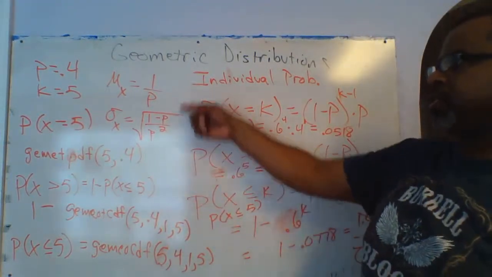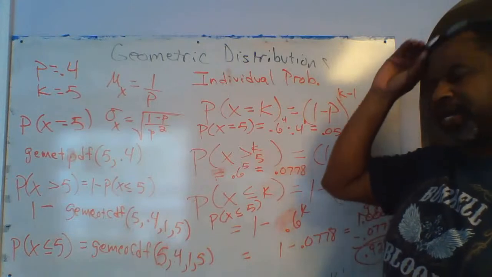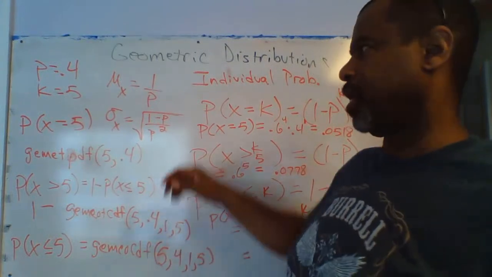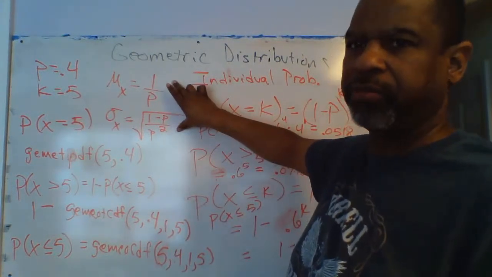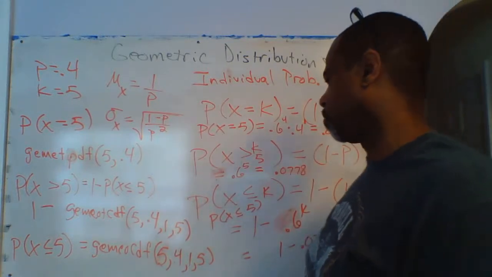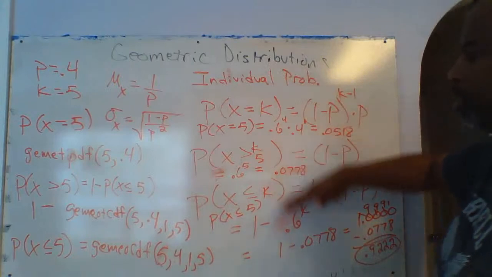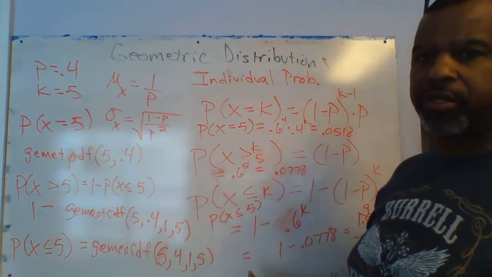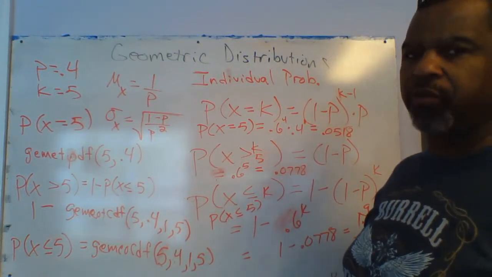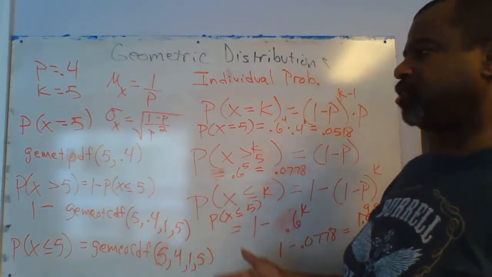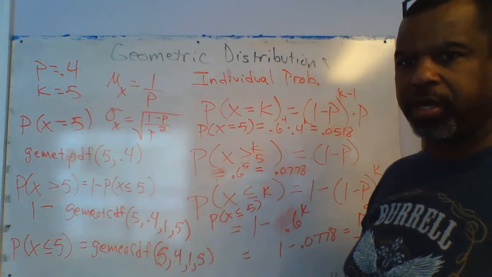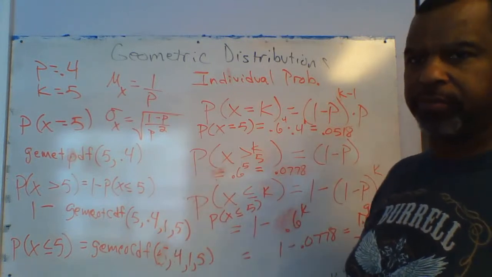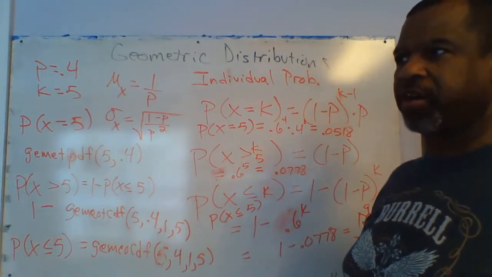You won't see this on the AP exam either. The only thing you need to know is these formulas, and that the shape of a geometric distribution is always skewed to the right, because it goes on forever. So the cumulative of a geometric distribution will never equal 1, because you'll never have 100% of the data.